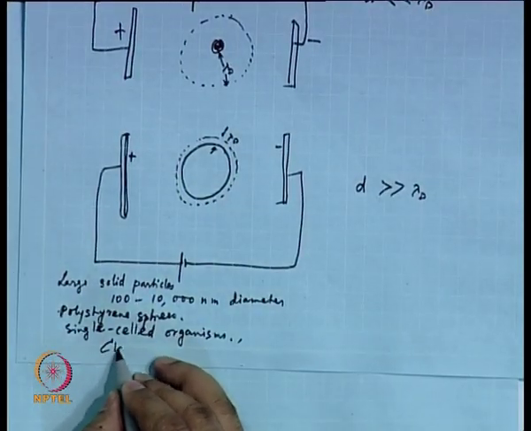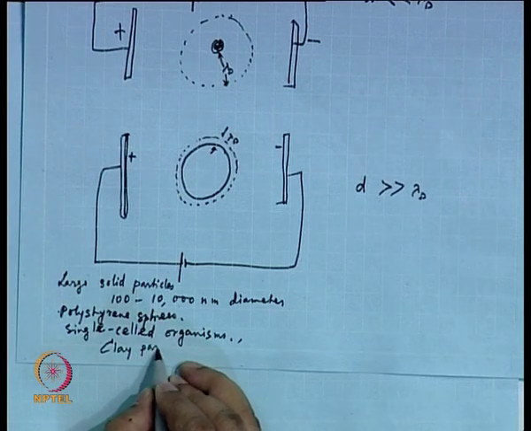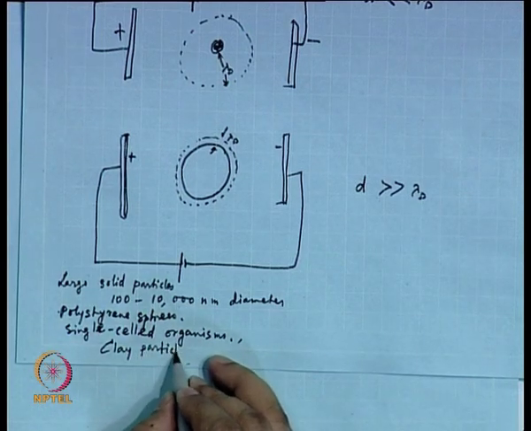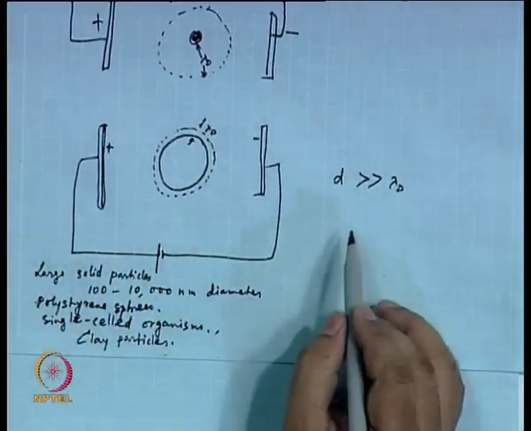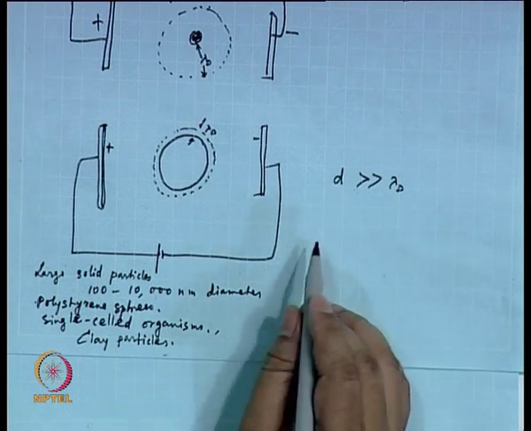Okay, so in these cases we have said that d is much greater than lambda d.